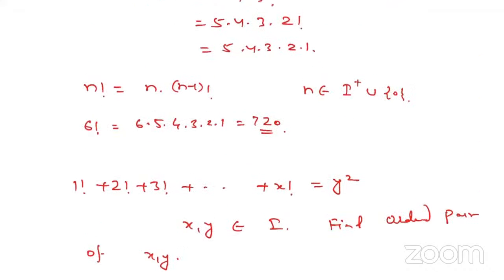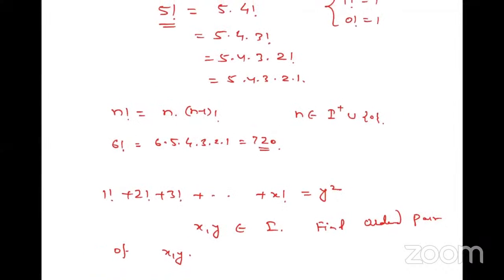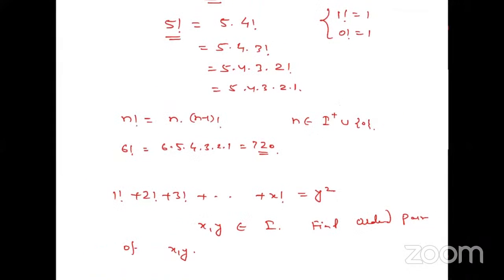I have just explained this thing and given a question. For class 9, 10th and 11th, this is something new type of mathematics that you'll get to know by practicing and knowing the things.